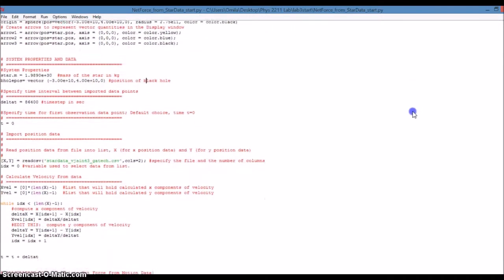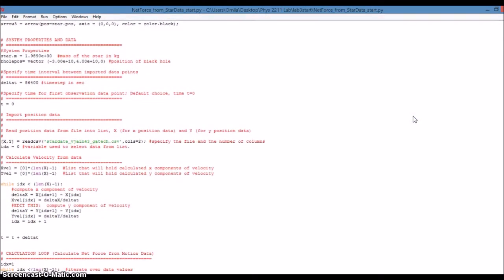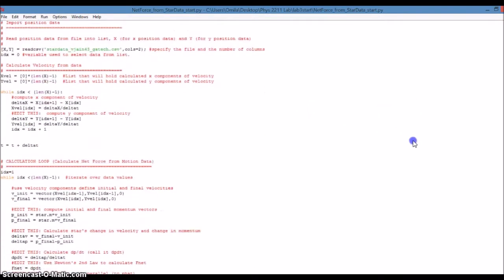This vector was really key in terms of finding the position of the black hole, and helped us refer to where the relative position of the star was as it was orbiting around it. As you can see, delta t was given as 86,400 seconds, which was the time step, and the t of the first observation was t equals 0.